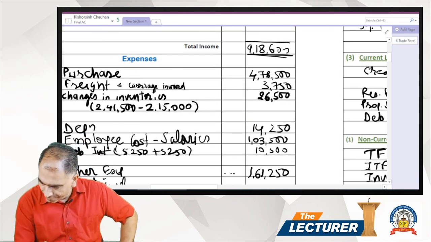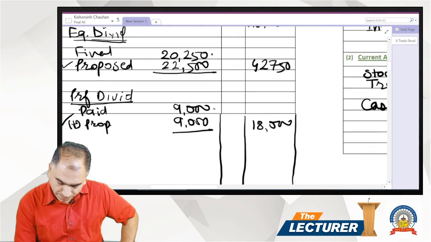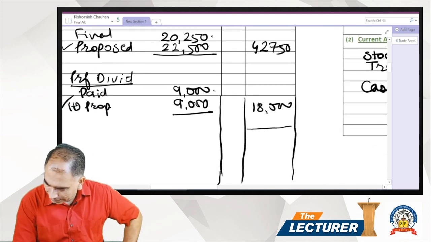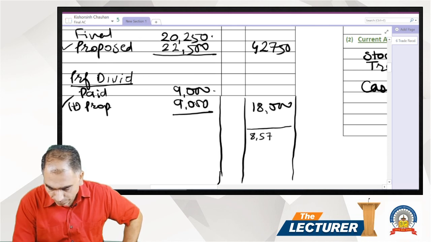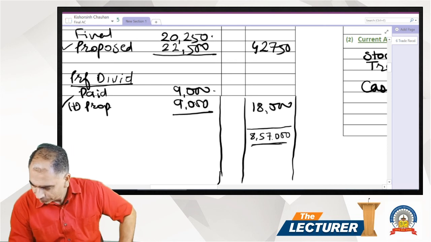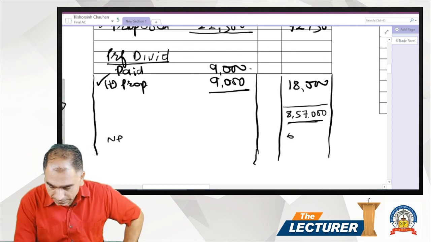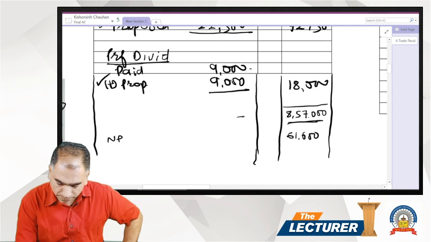And we have total of expense which comes to 857. So net profit would be 61,600.